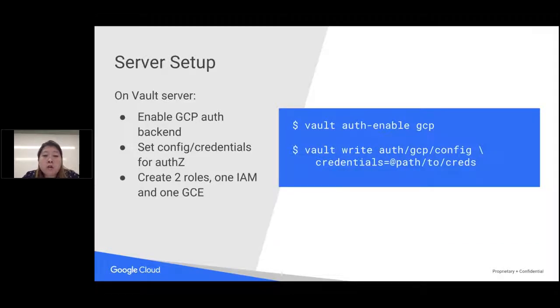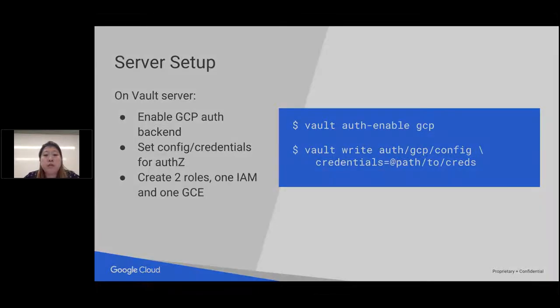I'll go into a demo very shortly, but this is essentially how you would set up your Vault auth backend. You enable the GCP auth backend using the first command, and you write credentials. These are just credentials that need read-only access to GCP APIs, IAM, and GCE. This just means: can I look at the service account and make sure it exists? Can I get this instance and make sure it belongs to this instance group? Things like that.